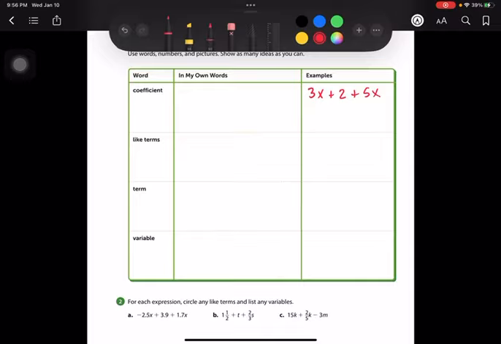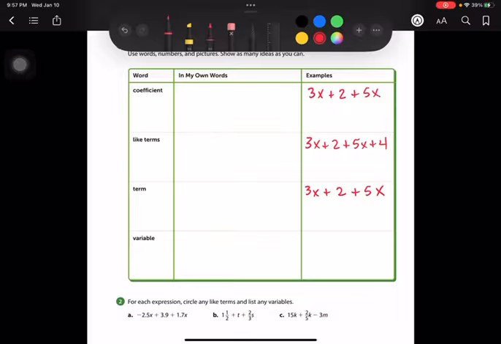Okay? Now, for the next example, take the same problem, but I'm going to add something else to it. We have 3x plus 2 plus 5x plus 4. I want you to write down what you think the like terms are. Okay? And for term, I'm going to write down 3x plus 2 plus 5x.